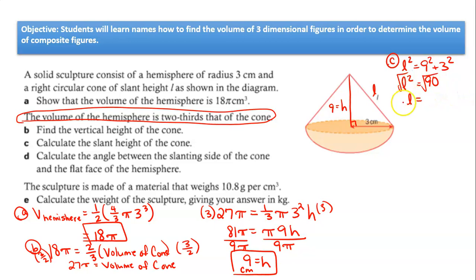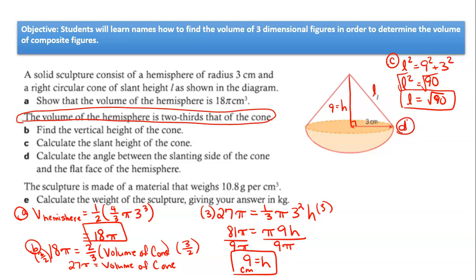And we get, I'm just going to keep it a square root of 90 just to keep it exact for now, because I don't want to round and mess anything up. But if you took it, as far as answering part C, to 3 sig figs, I would totally accept that. If you leave it as square root of 90, I will totally accept that as well.